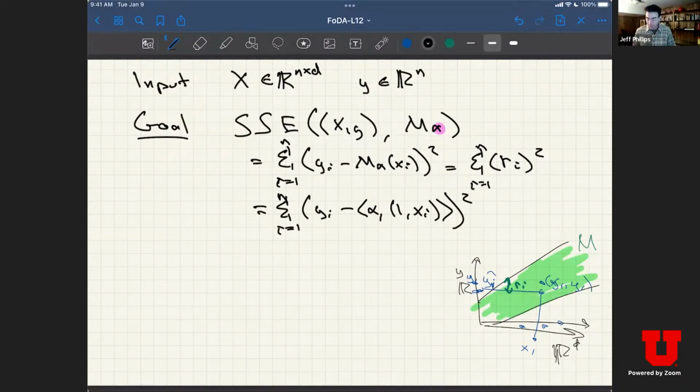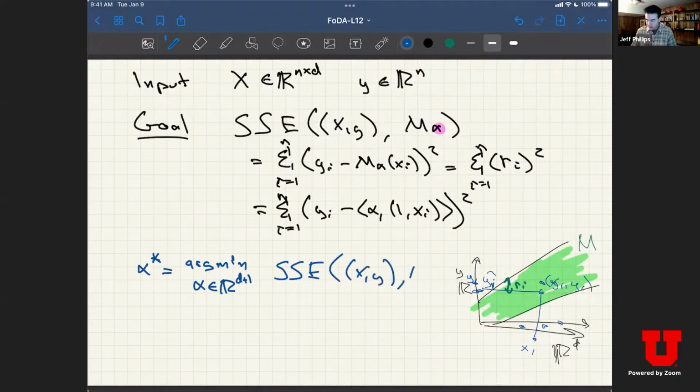The goal is to find alpha star, which is the arg min over all alpha in R^(d+1) of the sum of squared errors, given the input y and the form of the model that depends on the parameter alpha. x and y are given and the structure of the model is given, so this is really a function of alpha.